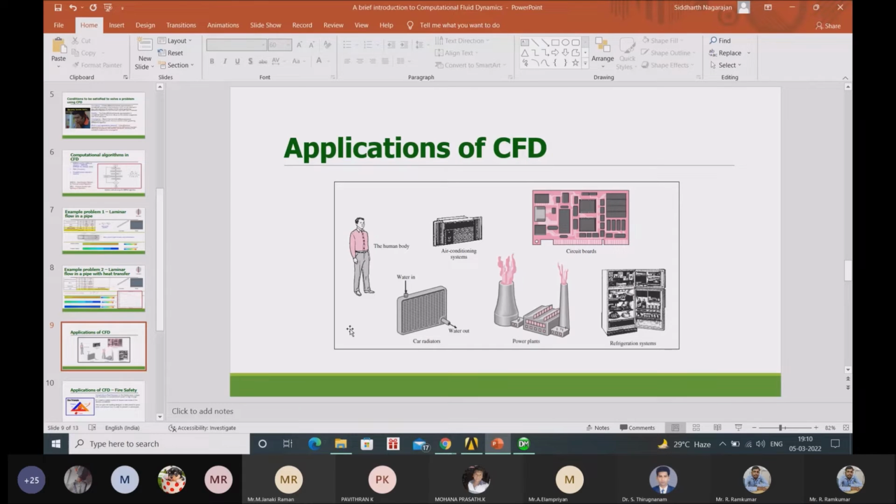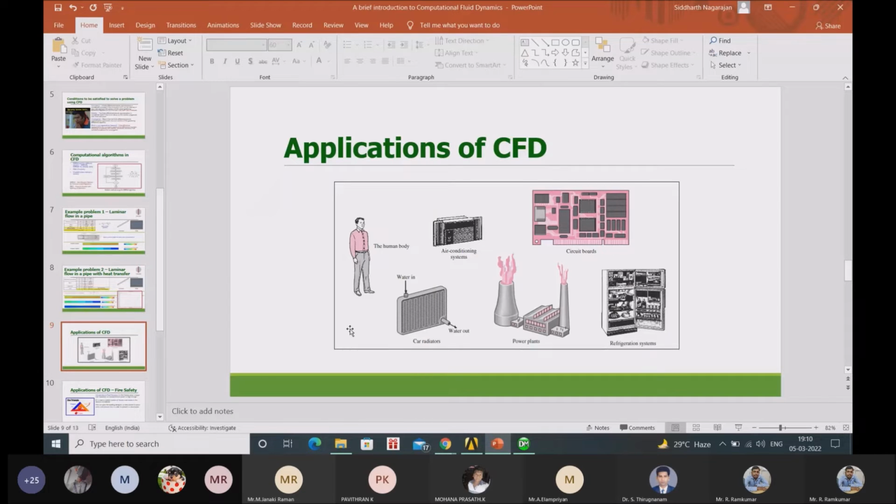So coming to the applications of CFD, it's basically everywhere you see heat or something flowing. So the human body is one good example. And the company that I'm working in right now is dealing with medical devices. So if you want to analyze flow through a syringe, or people might have encountered blood donations and stuff.